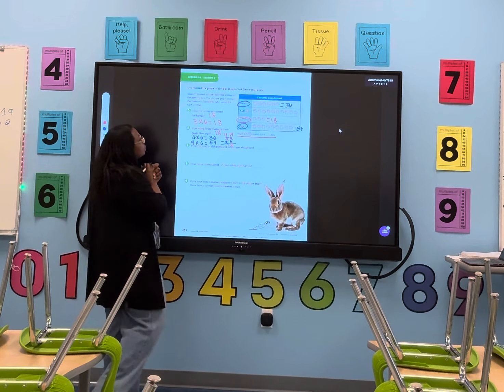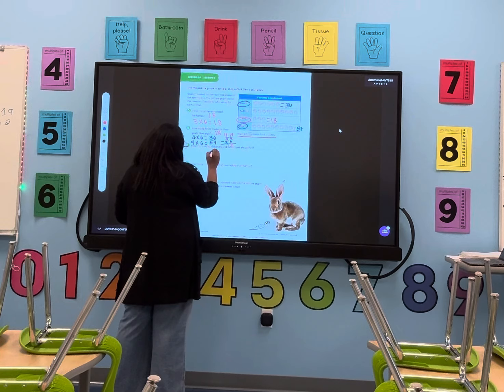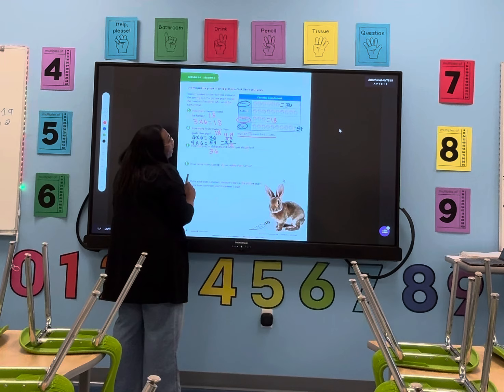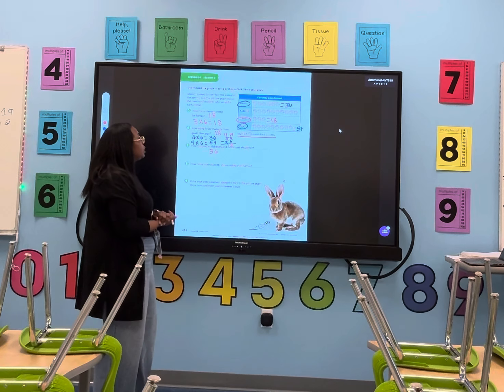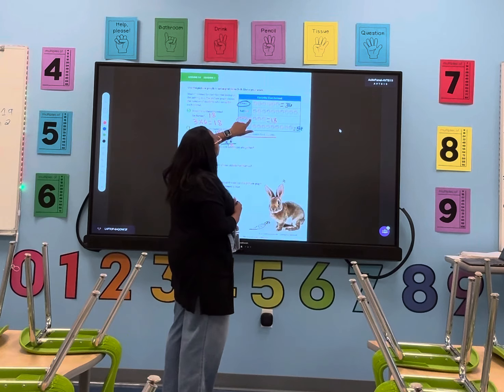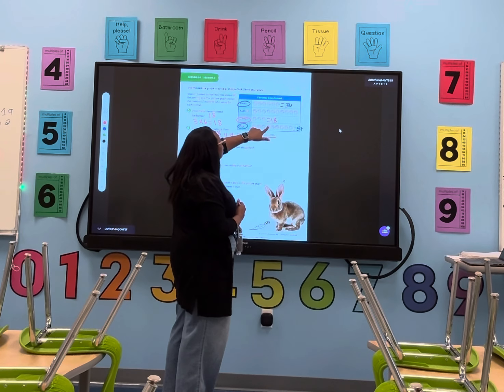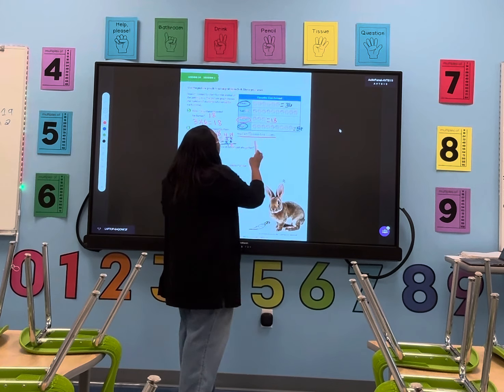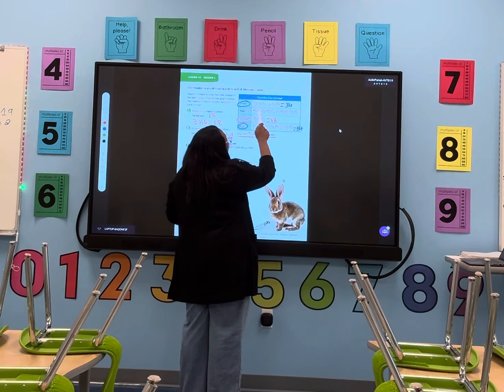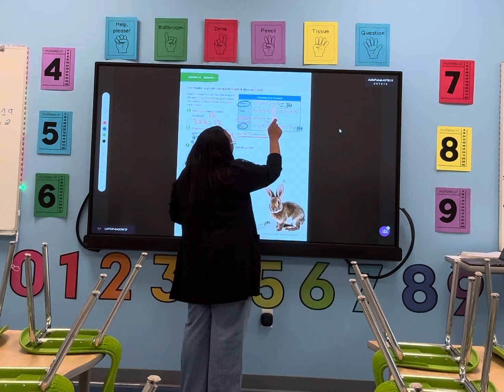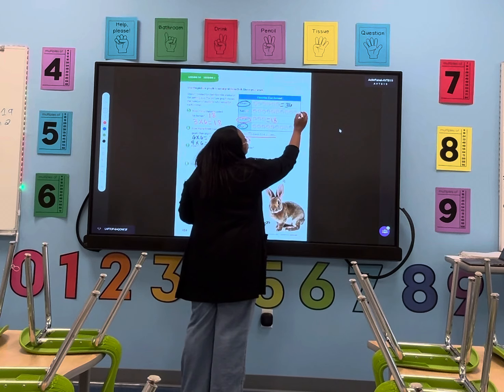So let's look at the goats. Goats, we have 36 plus my rabbits. Well, we hadn't figured out the rabbits yet, so let's do that. So we can count by 6 to figure it out. So this is 6, 12, 18, 24, 30, 36, 42, 48, 54, 60.